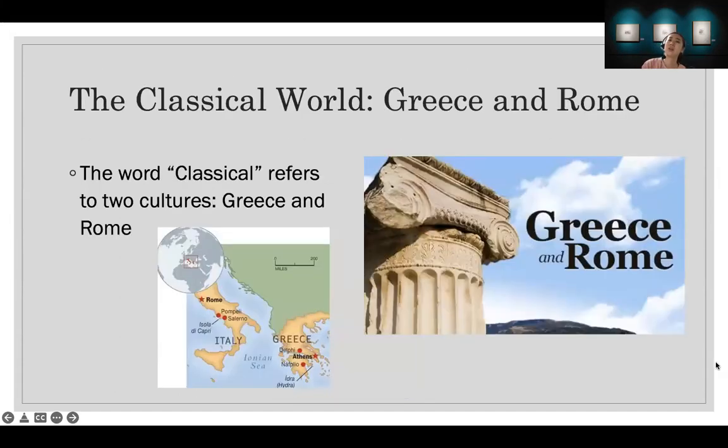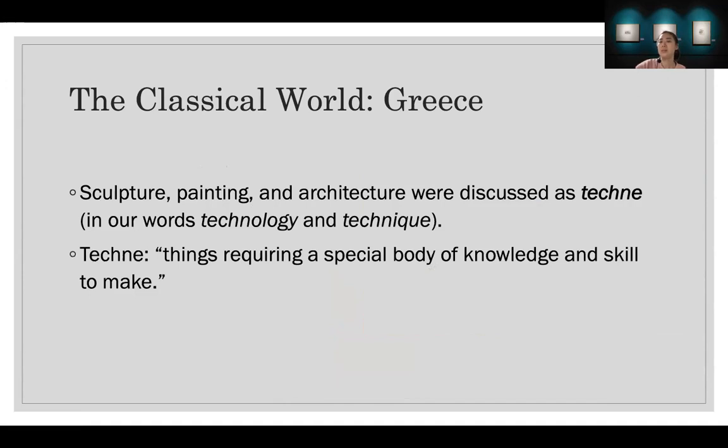So now, let's move on to Greece and Rome. The word classical refers to two cultures, Greece and Rome. It aesthetically indicates artwork of the highest quality and standard. So now let's see Greek art first.